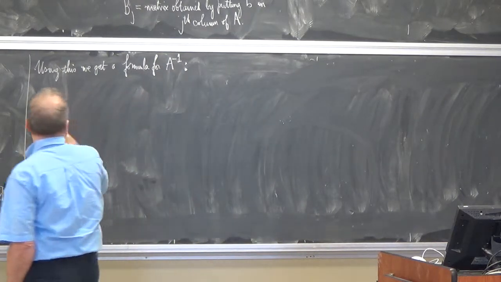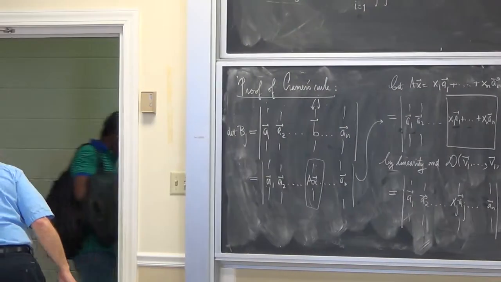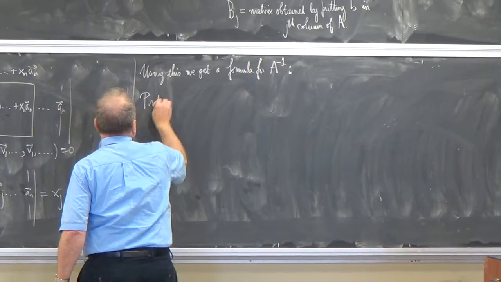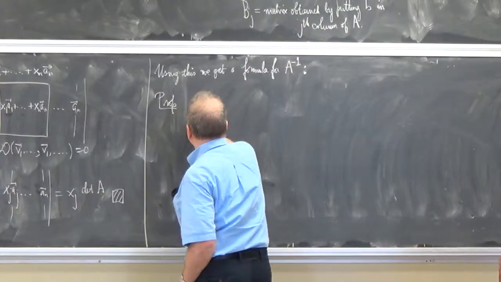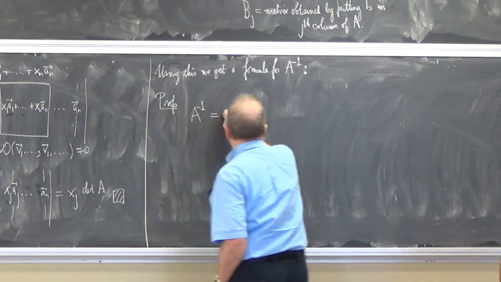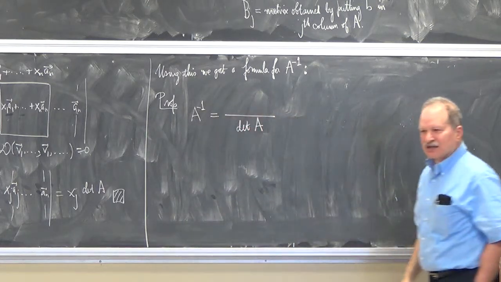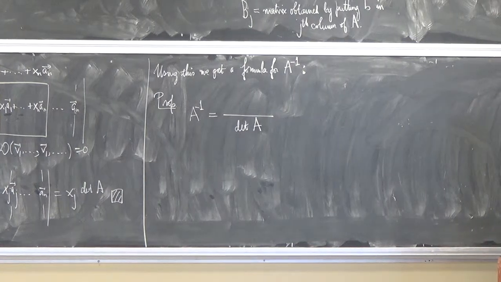So it's actually of some use that, generalizing the formula we had for 2 by 2s, you have the following formula. 1 over the determinant of A. Okay, A is non-singular, it's invertible, determinant isn't 0.